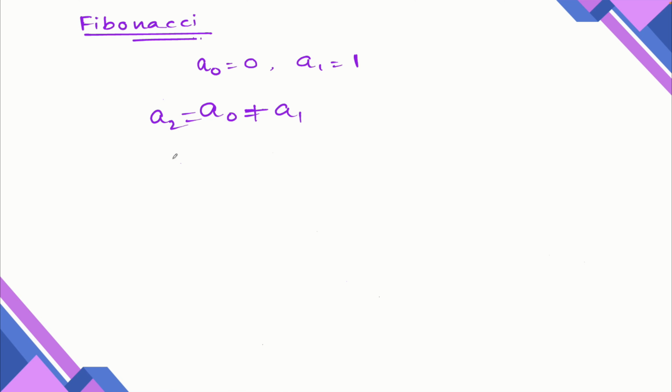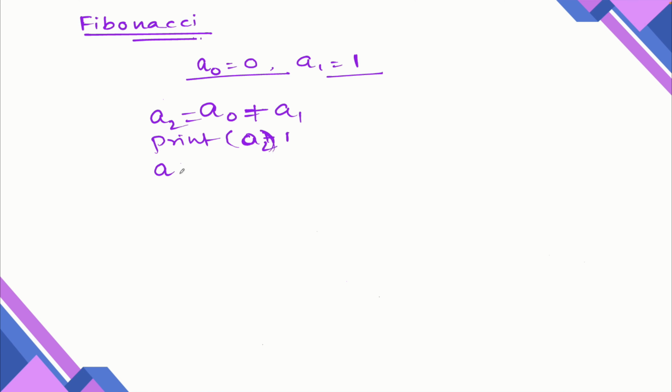Then after that what will you do? You will print this, right? So first you will print a0 and a1, and then you will print a2, which will be nothing but 0 plus 1. And then what will you do?